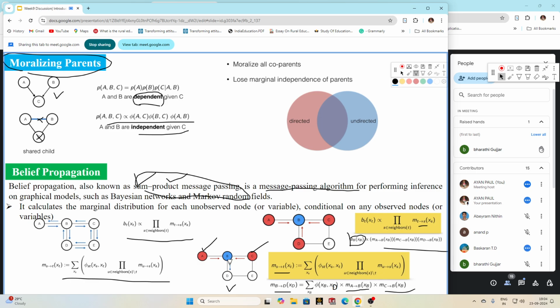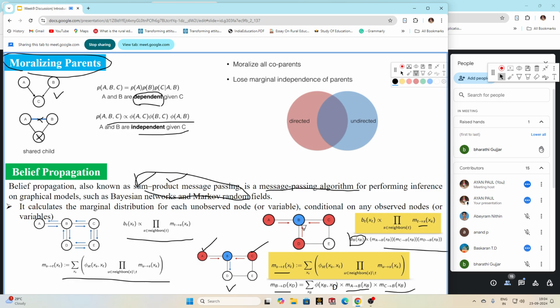In the sending process from B to D, we assume B is related to A and B is directly related to C. That is why some message will be passing from C to B as well as A to B, so we are considering A as well as C.